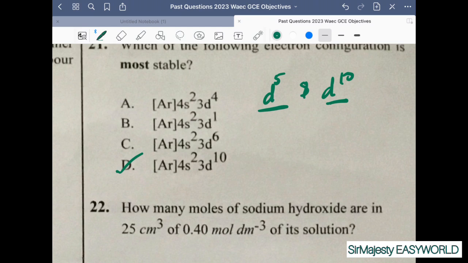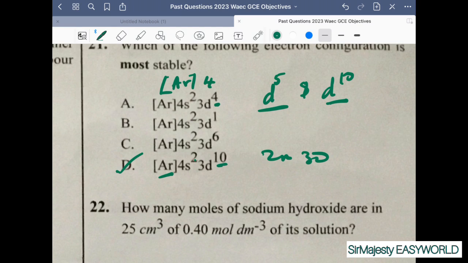That is zinc, probably, because how do you know? Argon is 18 plus these two, 20, which is calcium, then 20 plus 10 is 30, and zinc is number 30. So this configuration here, that of zinc, should be the most stable. Option A could have been the stable one, but they wrote a wrong configuration. I wouldn't say wrong, but this configuration, the little I know of chemistry, does not exist, because this is chromium.